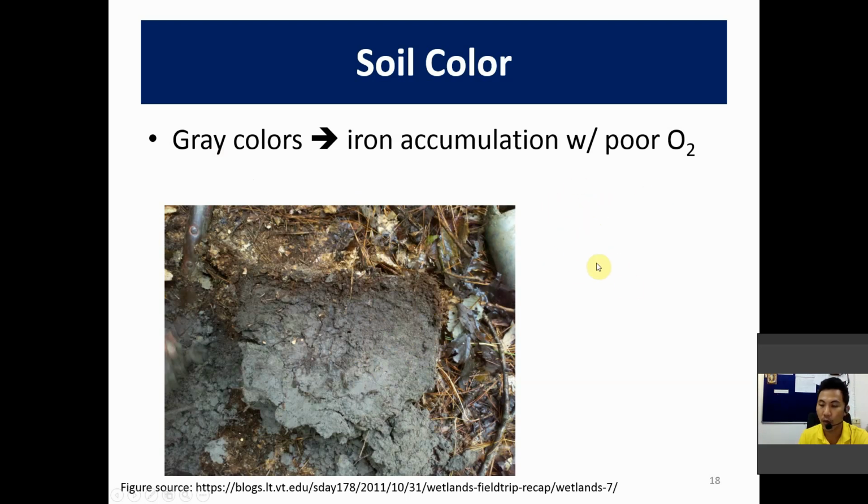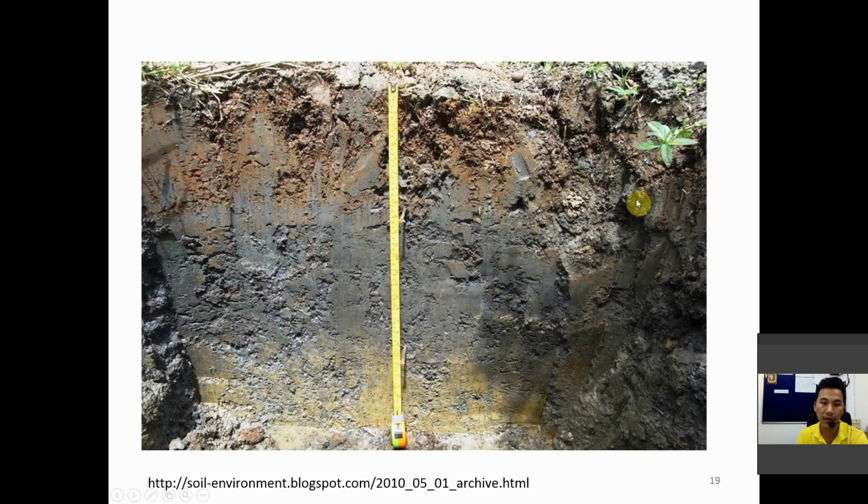So once you bring too much water into the soil system and get waterlogging long enough, most of the iron oxides will change into iron 2 plus and then move away from the soil system, and then you see the color become gray. Most of the time you can see different colors in one profile.